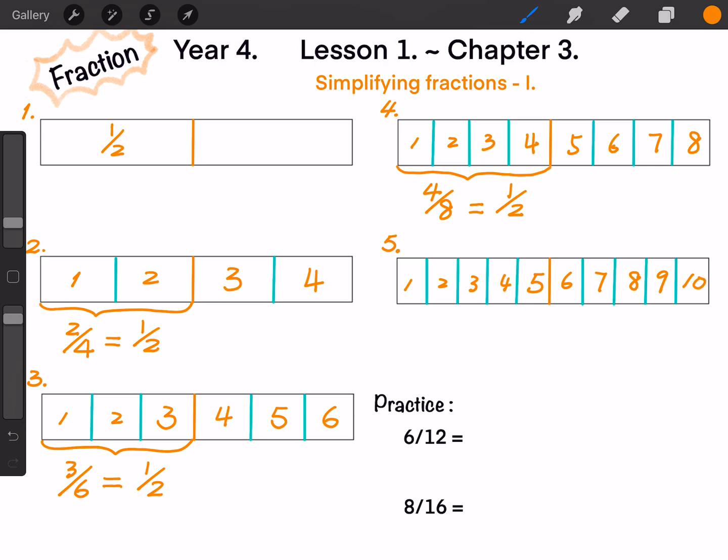So the whole rectangle has been divided into 10 equal parts. Meanwhile, 5/10 equals to 1/2.